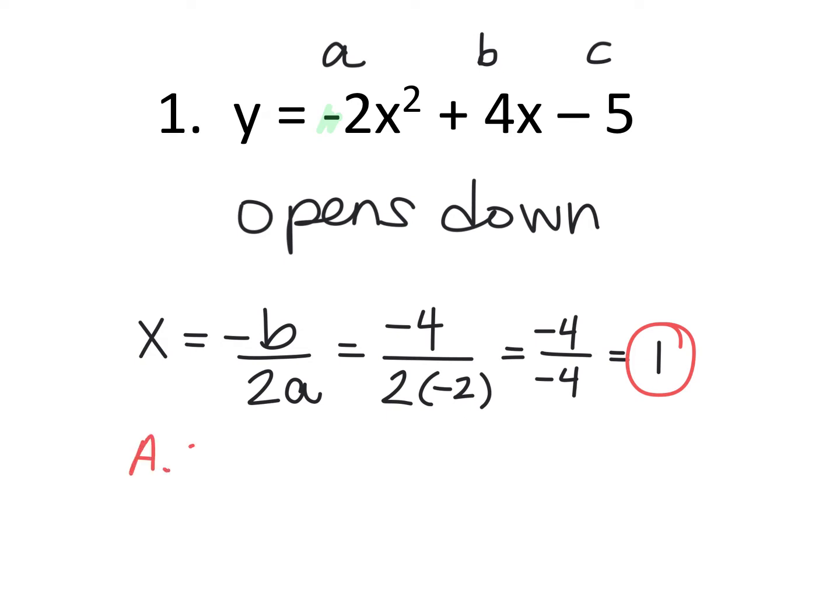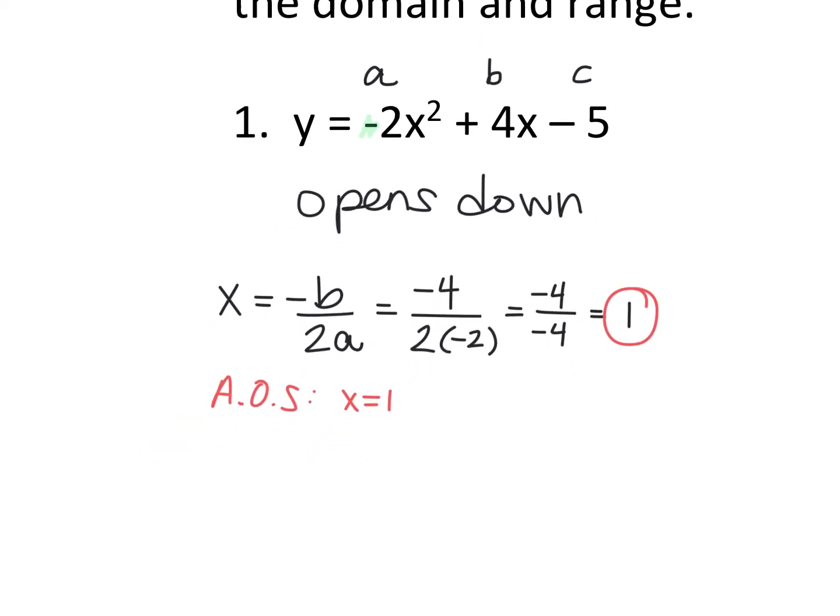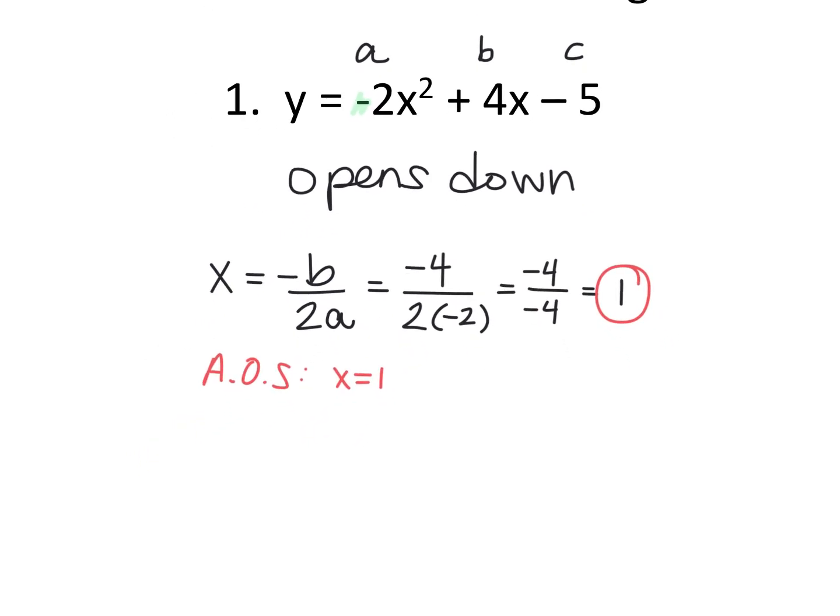So I'll just write that down. Axis of symmetry is x equals 1. Okay, at this point, you take that value. This is just like systems of equations. We've done this before. Where do I put that 1 back in the equation? Which spot does it go in? It takes the x spot.